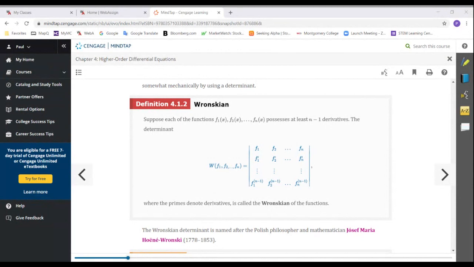How many have maybe seen a Wronskian in another class? It's a determinant. Those vertical bars mean determinant. For instance, let me just go to the whiteboard here. Let me take 1, 2, and 3 and 6.